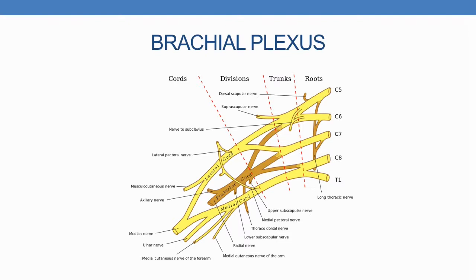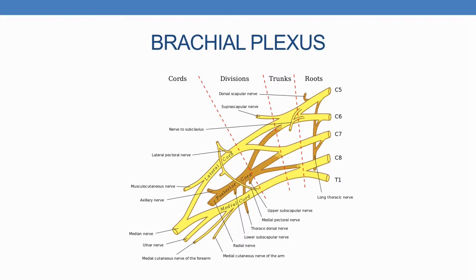And this diagram doesn't show contributions from C4 and T2, but most anatomy textbooks will admit that there is at least inconstant contribution from those additional nerve roots. For our purposes, let's consider C5 through T1.